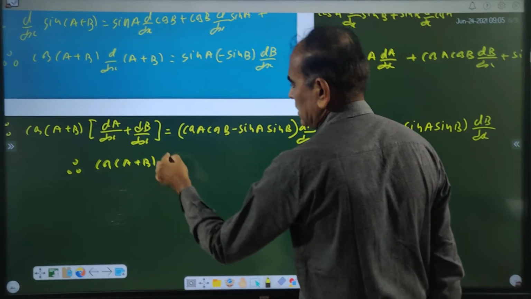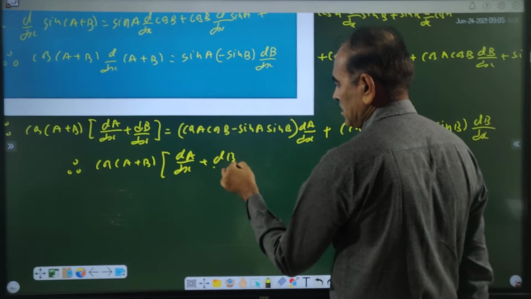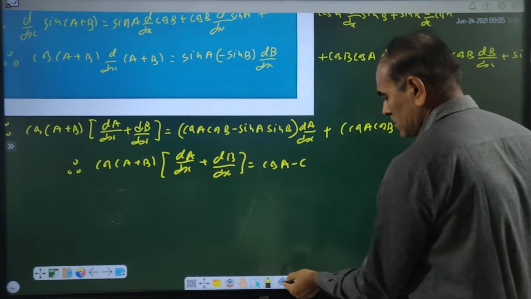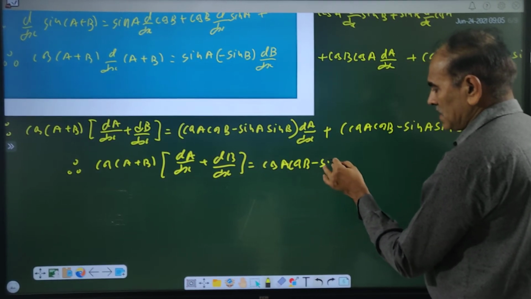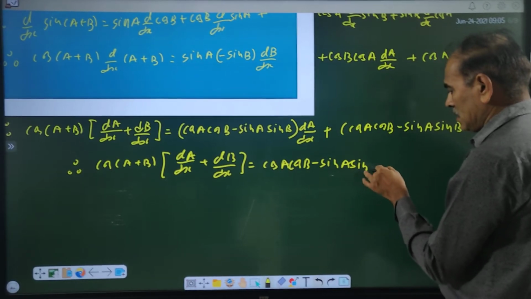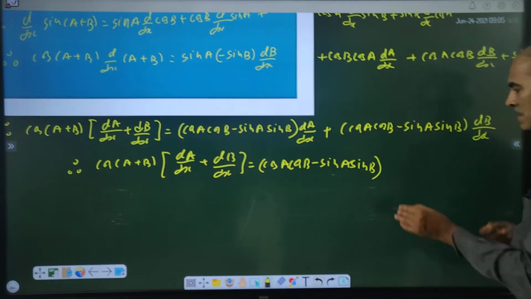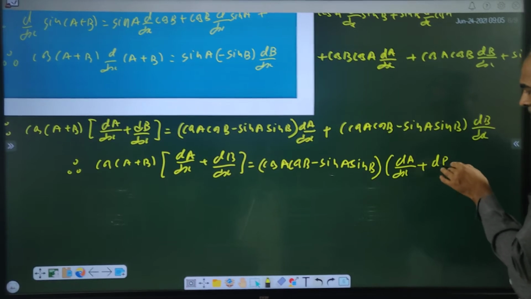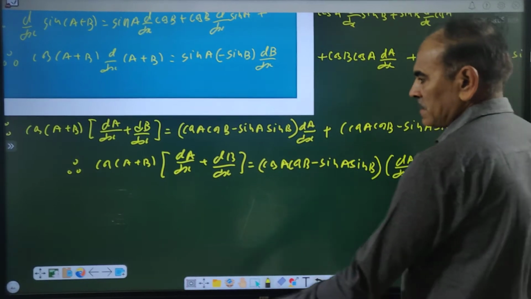Cos of a plus b times dA by dx plus dB by dx is equal to, on the right hand side, cos a cos b minus sin a sin b, taking it common, times dA by dx plus dB by dx. Now on both sides, dA by dx plus dB by dx cancel. What we get?